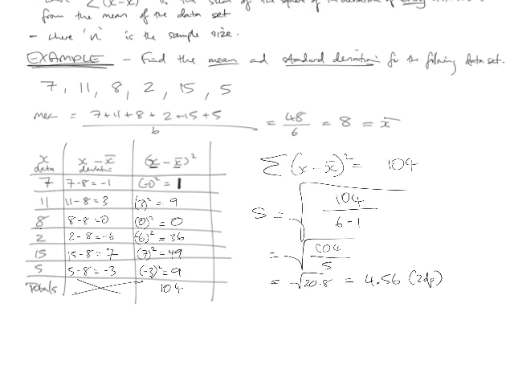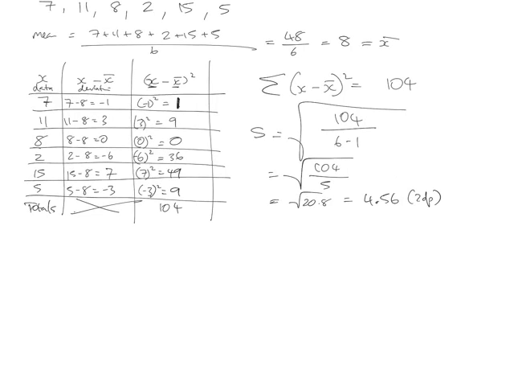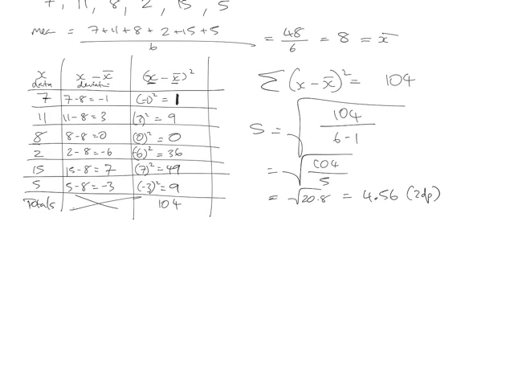Okay, so what that's saying is the overall standard deviation, the average measure of how far the data is from the mean, is 4.56. Sample standard deviation equals 4.56 for that set of data there.